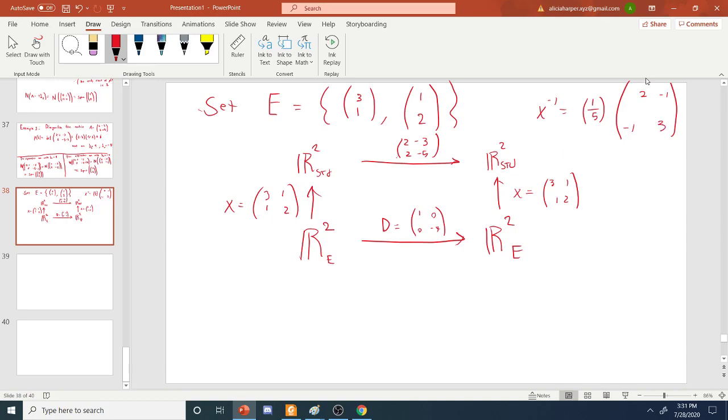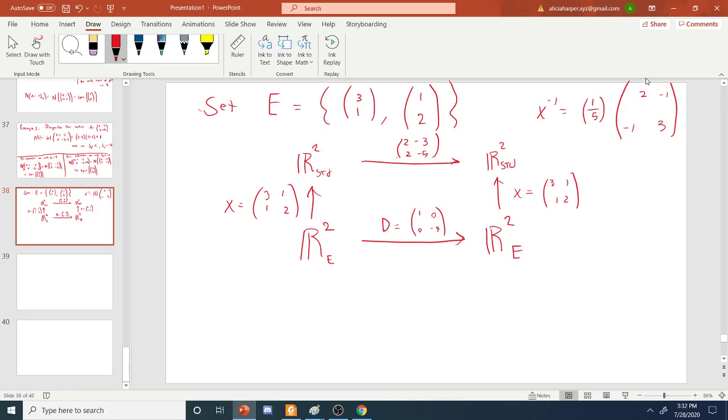Let me sanity check myself for a second. Yeah, so this is the inverse of X.